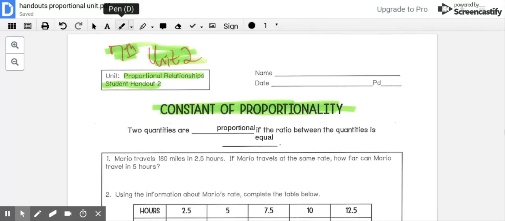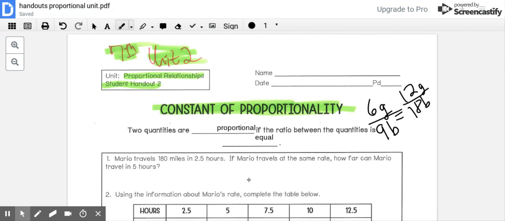If we had 6 girls to 9 boys, if we wanted it to be proportional, we could either multiply or divide by the same number. So we could double everything and say 12 girls to 18 boys. So that's when two quantities are proportional. The ratios are equivalent or equal.